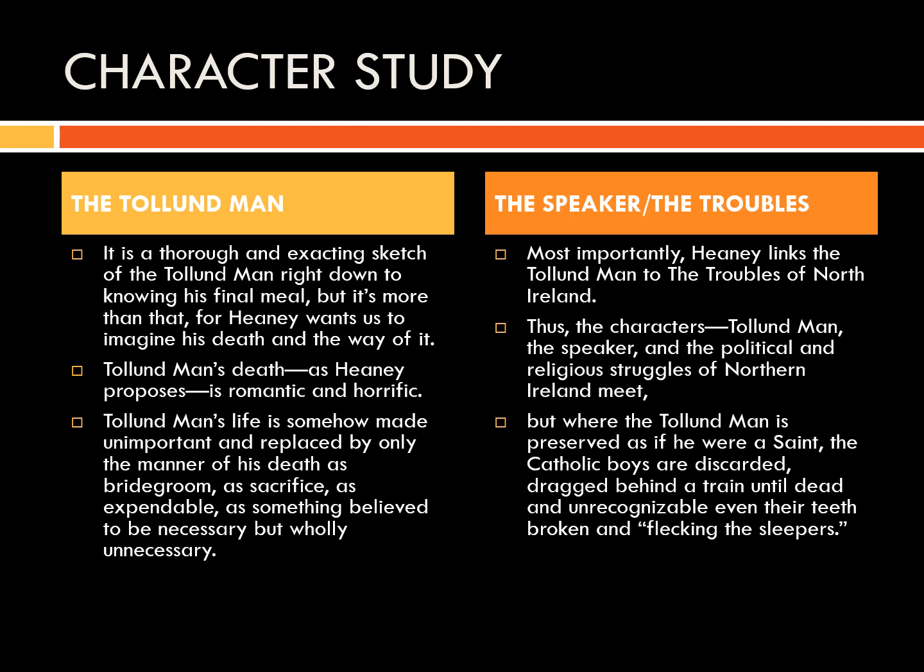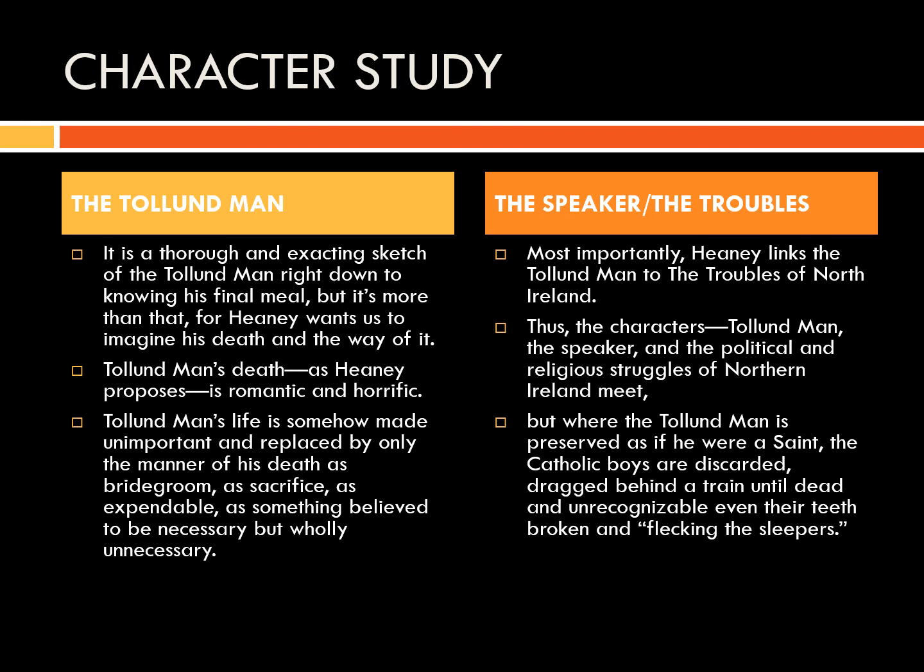What I think is really telling is where the Tollund Man is preserved as if he were a saint, the four Catholic brothers are discarded. Their bodies are unrecognizable. Their teeth were completely annihilated. They were ripped apart, and even that line, broken and flecking the sleepers.